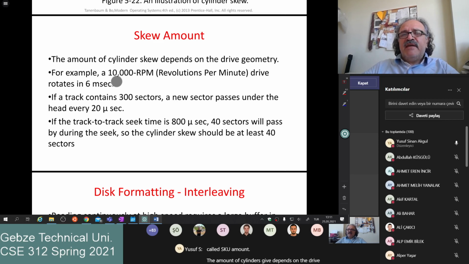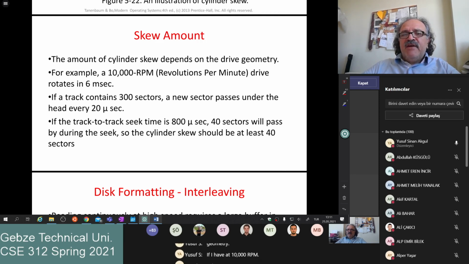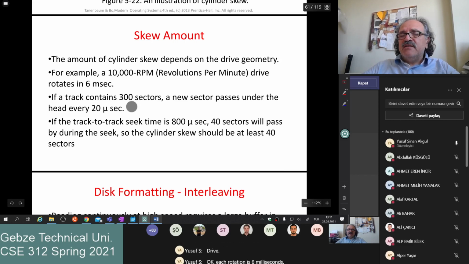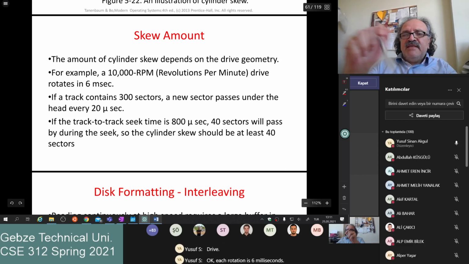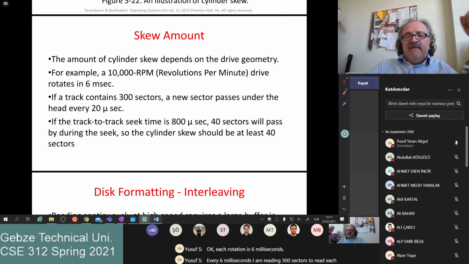If I have a 10,000 RPM drive, each rotation is 6 milliseconds. If a track contains 300 sectors, that means that every 6 milliseconds I am reading 300 sectors. To read each sector, I need 20 microseconds.